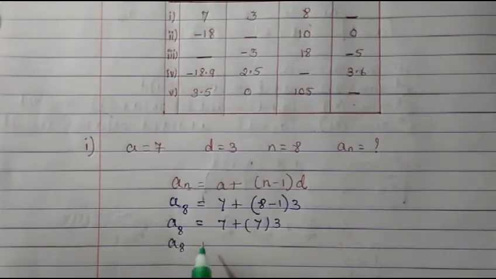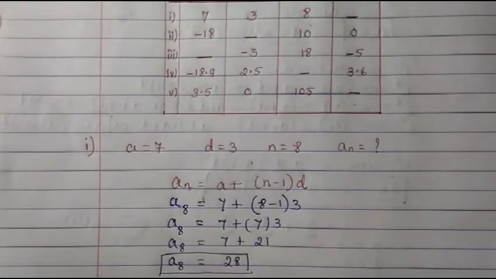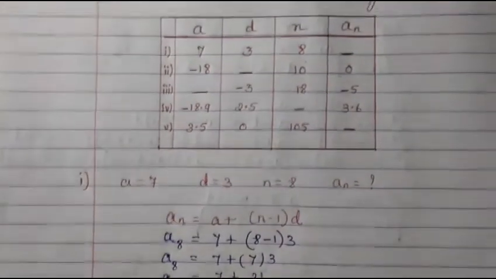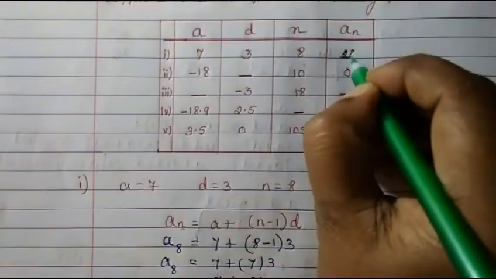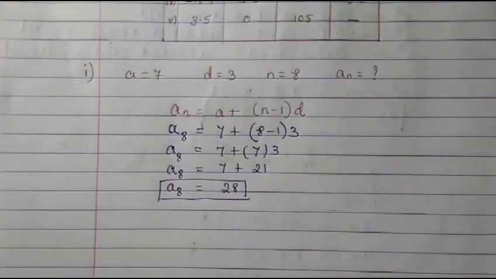So 7 plus 7 into 3 will give us 21. So the 8th term is 21 plus 7, which gives us 28. So the answer here is 28.